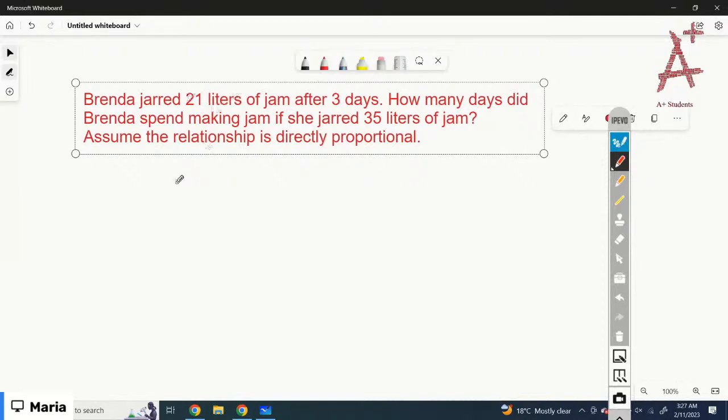Got it? So it would be 21 over 3, 21 liters of jam jarred in 3 days. Basically, you have to calculate the days. Just multiply both sides by 3n because you have to remove the 3 and also the n from the denominator. So 3 and 3 cancel out and n cancels out.